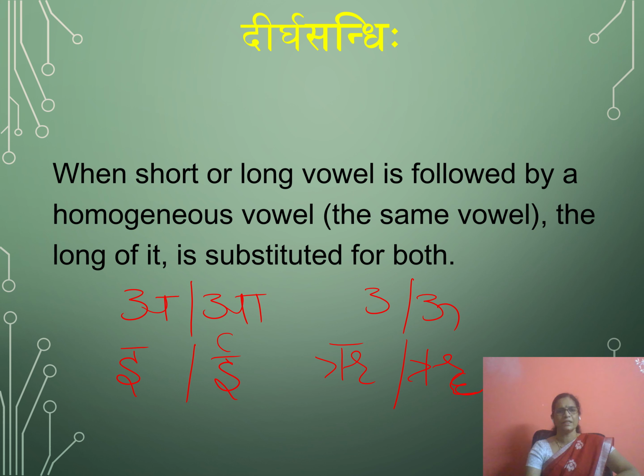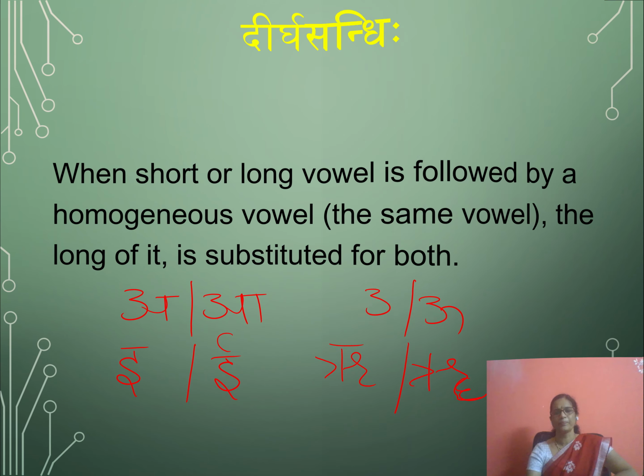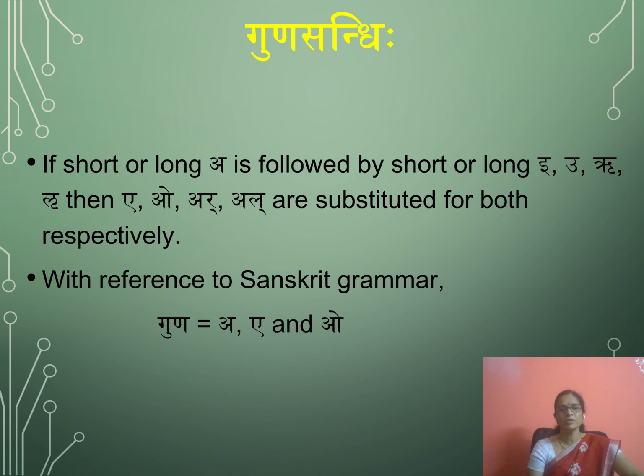Now, we will see Guna Sandhi. What is Guna Sandhi? How is it formed? Here, you can observe that either short or long a, if it is there in the first word's last letter, and the second word's first letter is either short or long i, then in the place of both the letters, e will come.